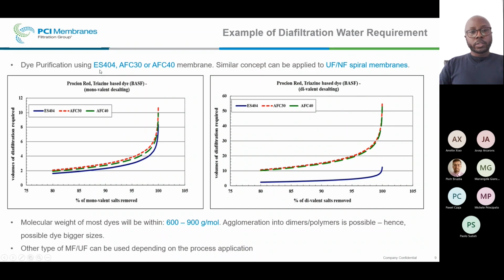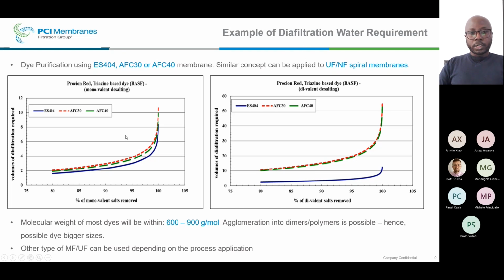This could be based on using an ultrafiltration membrane, which is ES404, 4,000 Dalton cutoff, or using the AFC30 or AFC40, both of which are nanofiltration membranes. So the AFC30 is a negatively charged nanofiltration membrane in the region of 200 to 250 Dalton. The AFC40 is a nanofiltration membrane as well, which is in the region of 300 Dalton cutoff.